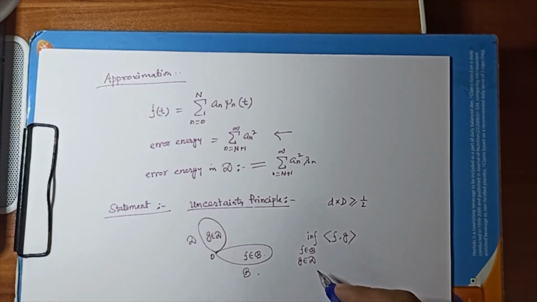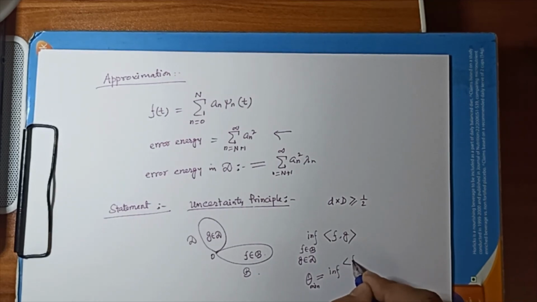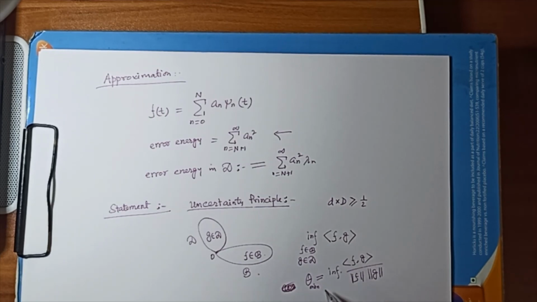So it has been found that the minimum angle theta is the cos inverse of the inf of the inner product of F and G divided by the norm of F and norm of G. Not the inf of the inner product alone, sorry, because cos 0 is basically unity.